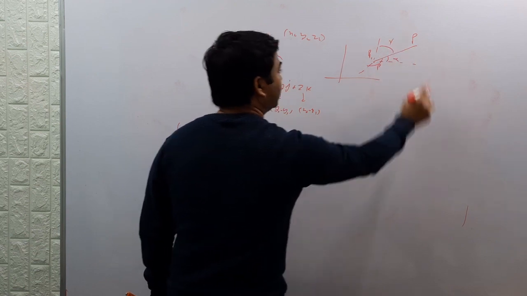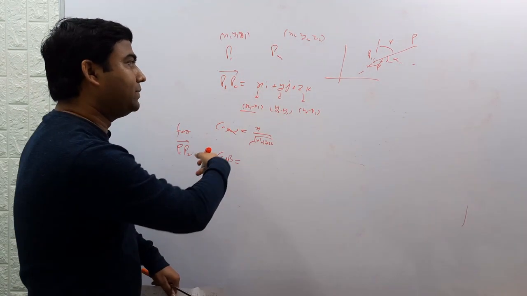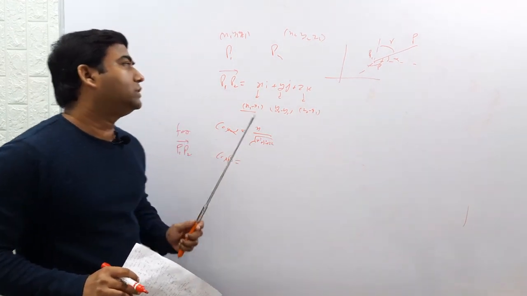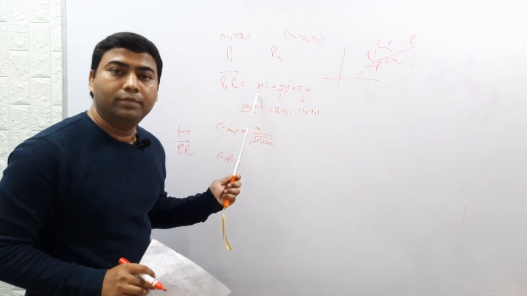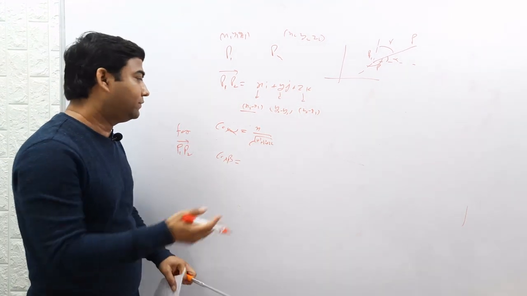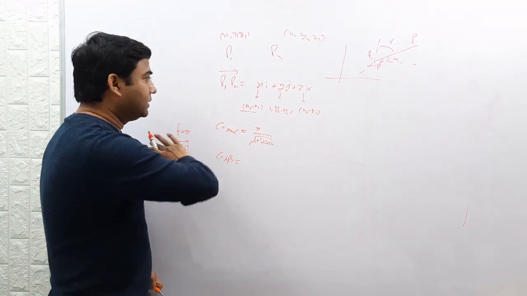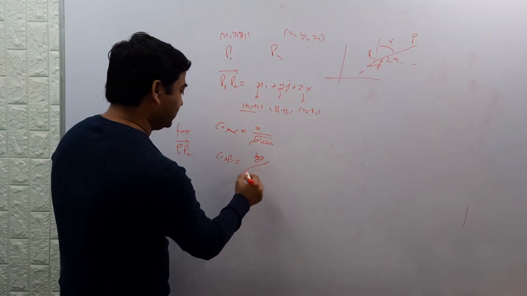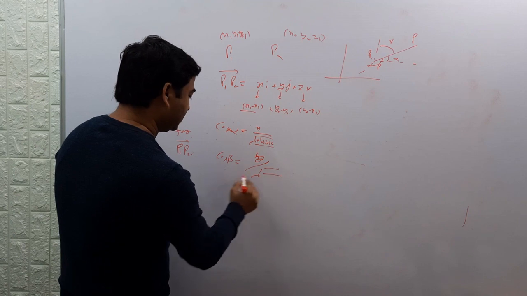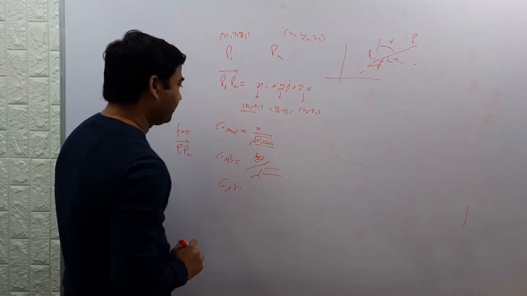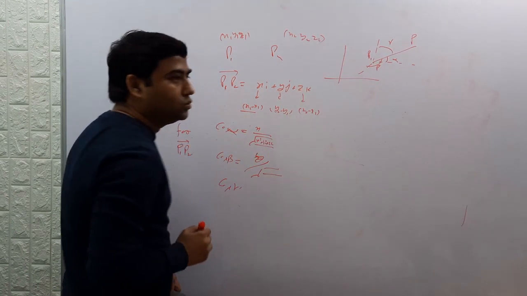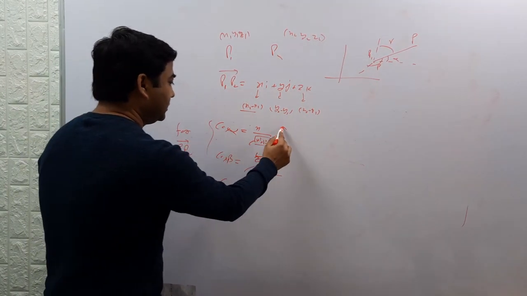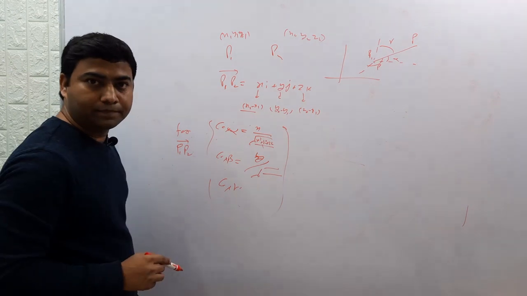The same analogy used for the position vector OP defines these cosines, with the exact same formula. Cos beta is y divided by under root x square plus y square plus z square, and similarly cos gamma. So for vector P1P2, its cosines are defined with the same formula.